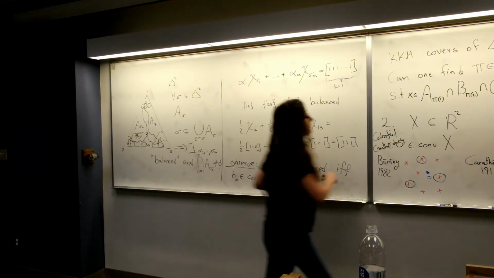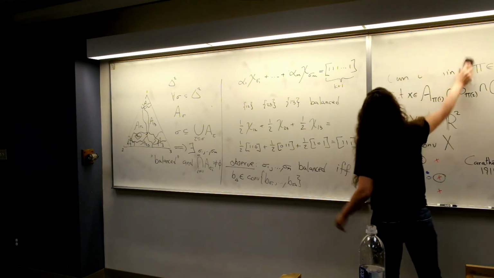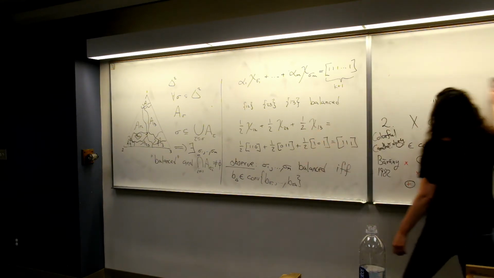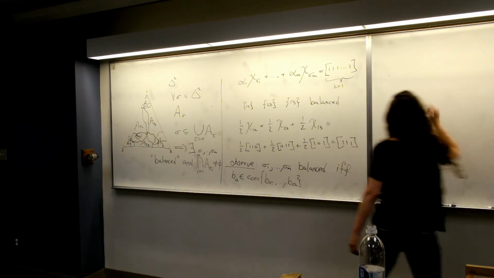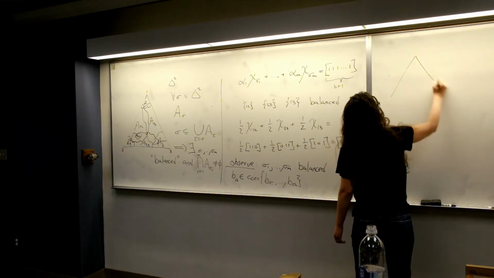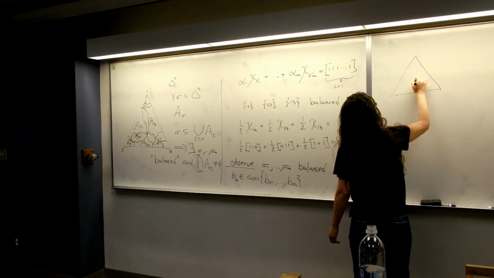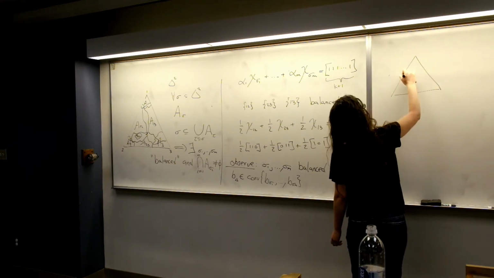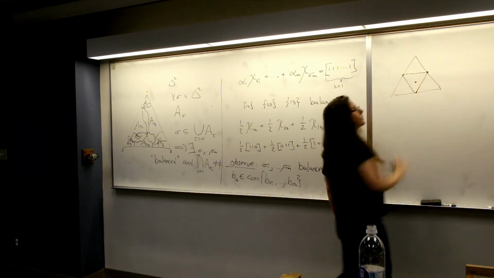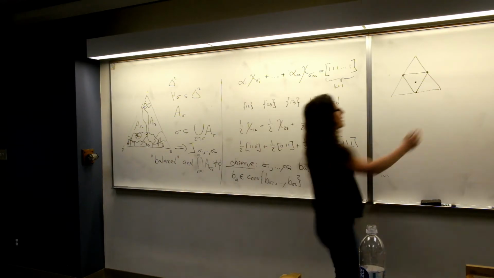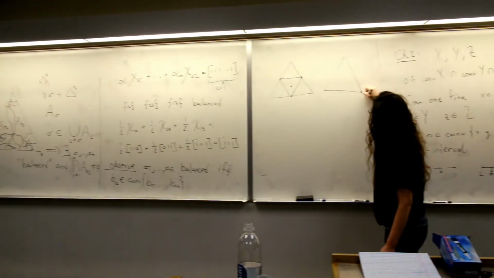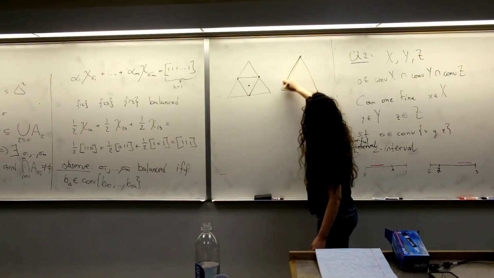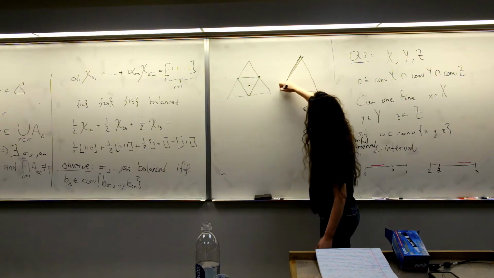So let us look at an example. So we saw that 1, 2, 2, 3, and 1, 3 are balanced. And indeed, we have that the center of gravity of the simplex is in the convex hull of the center of gravity of the three faces. And similarly, I claim that the face 3 and the face 1, 2 are balanced.